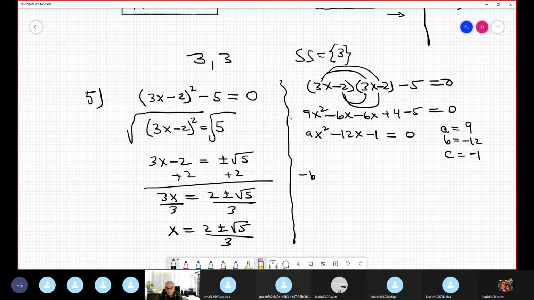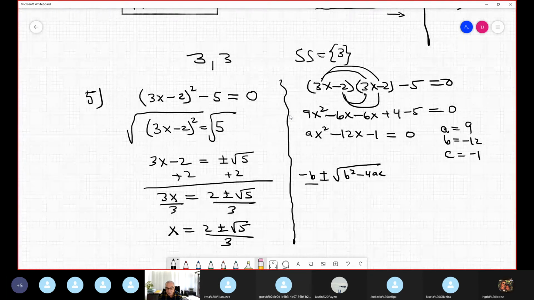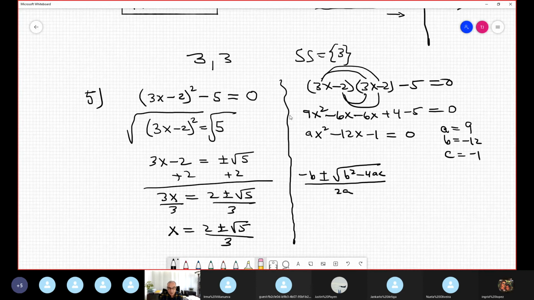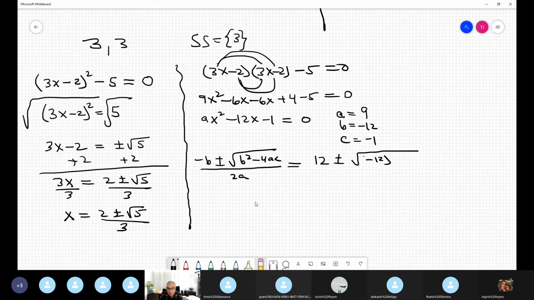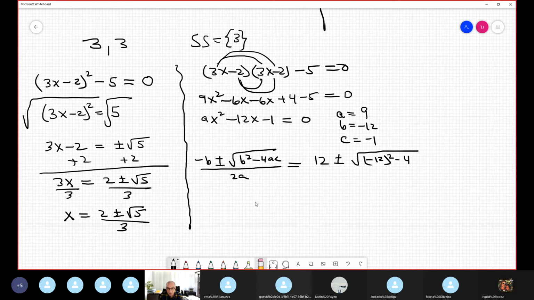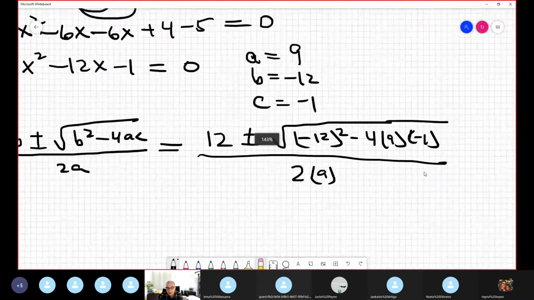And you apply the formula: negative B plus or minus the square root of B squared minus 4AC, divided by 2 times 9. Negative B is 12, double minus. Plus or minus the square root of negative 12 squared minus 4 times 9 times negative 1.